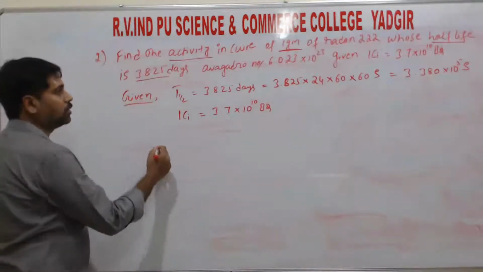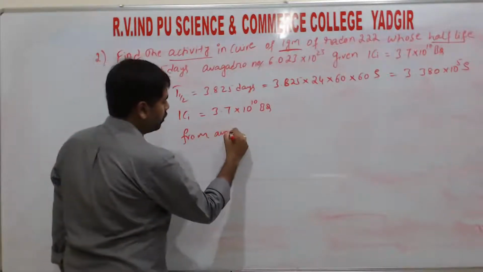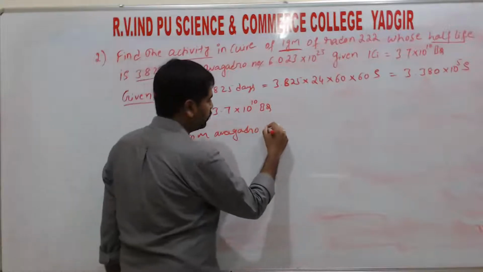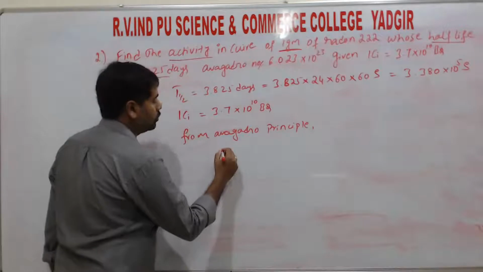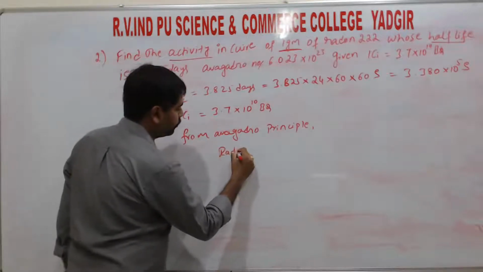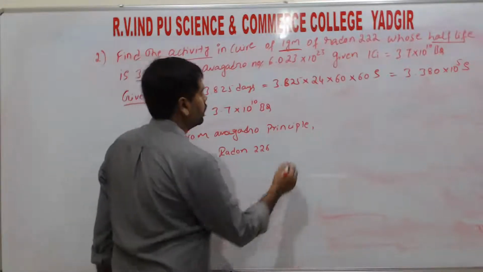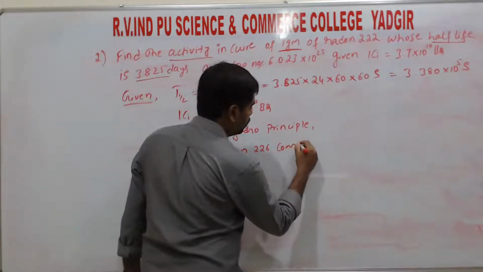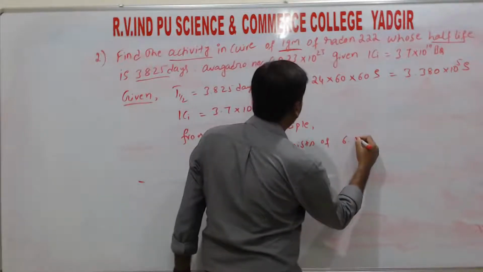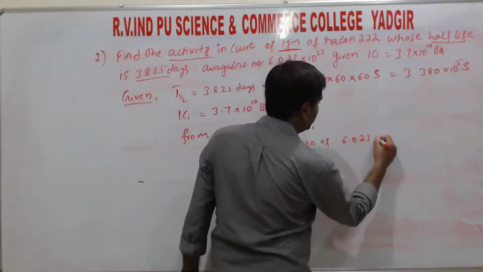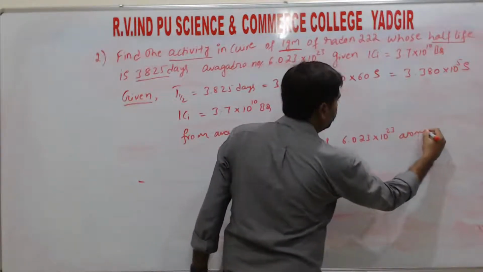And here from Avogadro principle, 226 grams consists of 6.023 into 10 to the power of 23 atoms or nuclei, right?